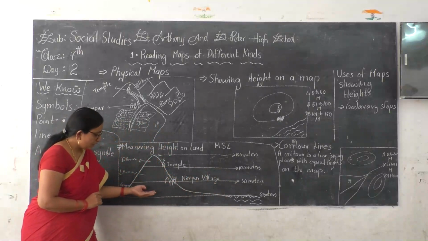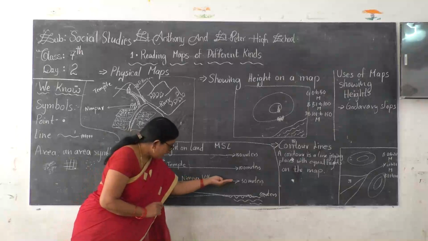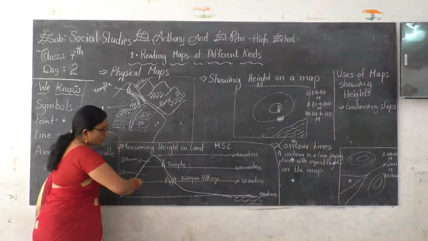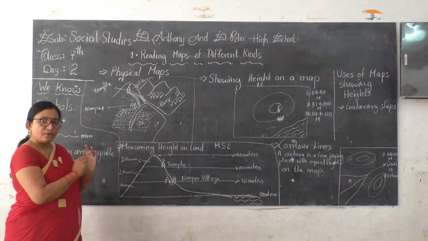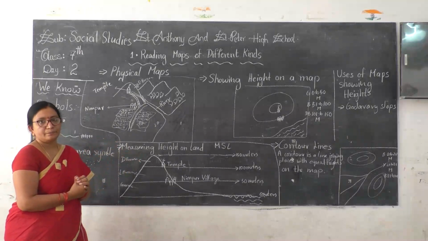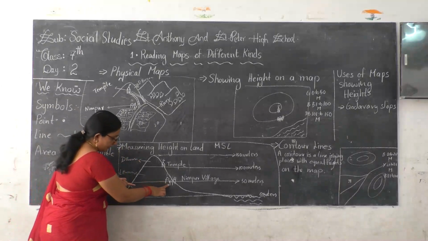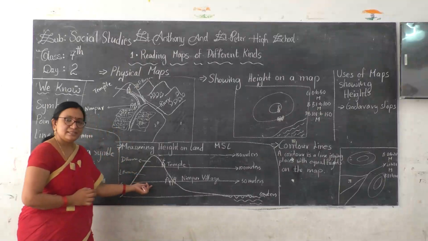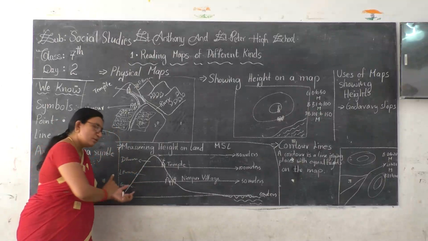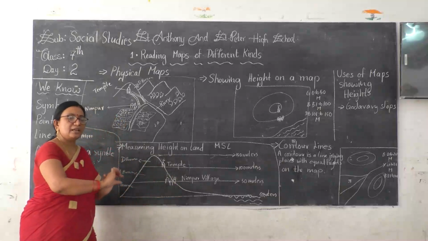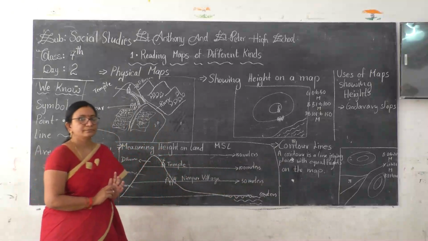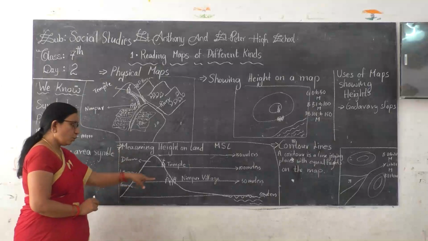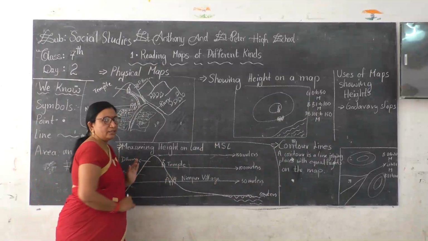This line shows the equal height of that area. Whatever is here, maybe a village, for example one road or one post office, we can say it is also at the same height of 50 meters. So these lines show the equal height of that place.